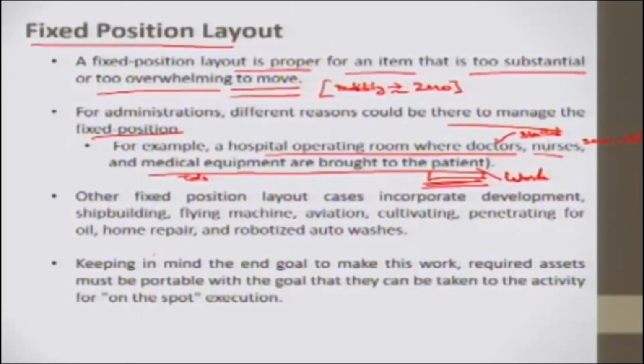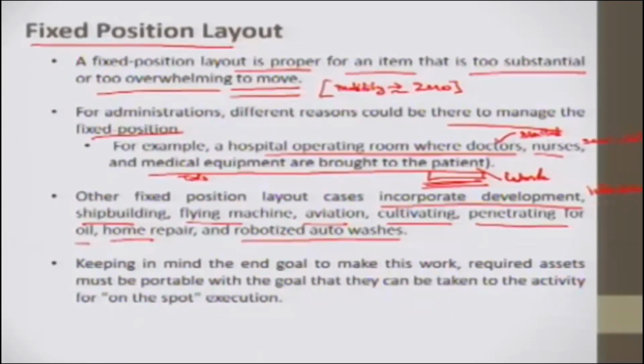Another fixed position layout case may be in construction or development. Here by development I would say infrastructure like shipbuilding, aviation, cultivating, drilling for oil, home repair, and automated car washes.